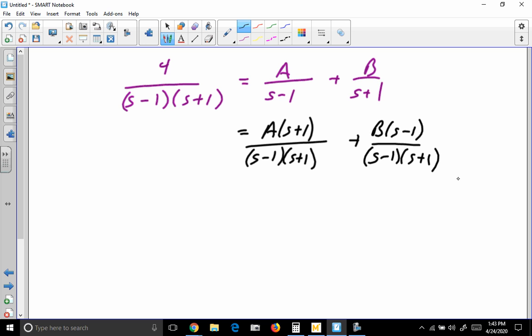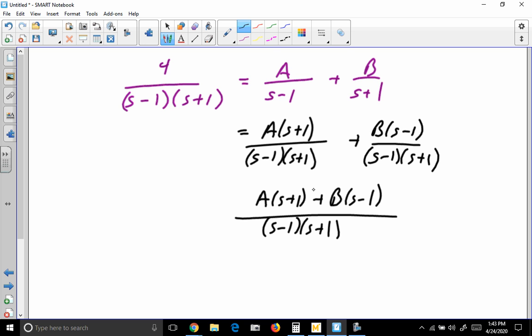And since those have the same denominators, we can add those fractions. This fraction and that fraction have to be equal. We're looking for what A and B would make those equal. Since the denominators are equal, then the numerators would have to be equal.